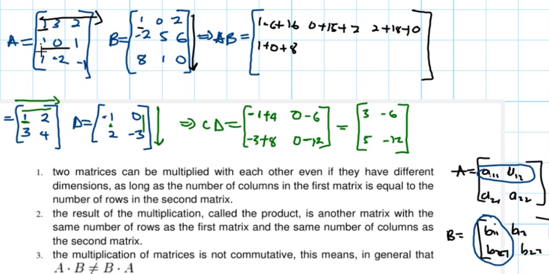So the next column now will be 1 times 0, which is 0, plus 0 times 5, which is 0, plus 1 times 1, which is 1. In the last column you are going to have 1 times 2, which is 2, plus 0 times 6, which is 0, plus 1 times 0, which is 0.